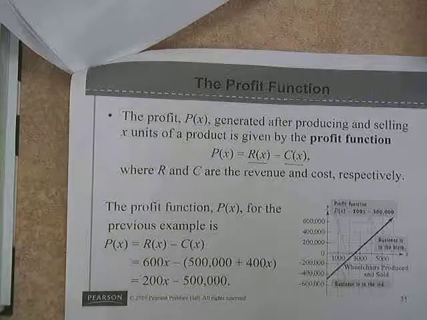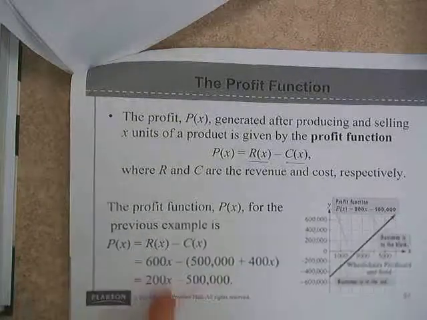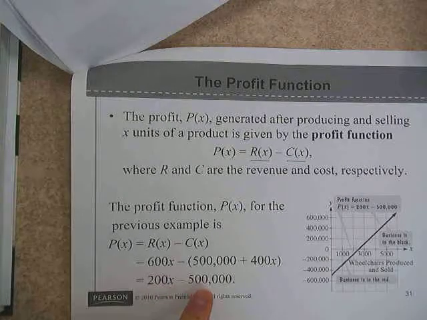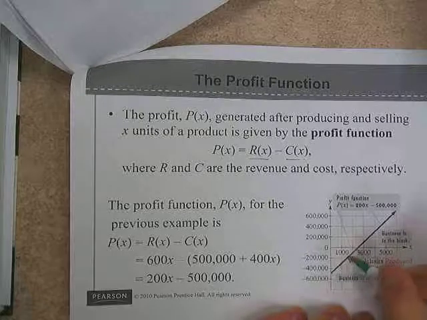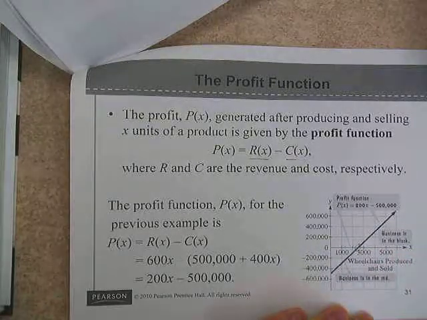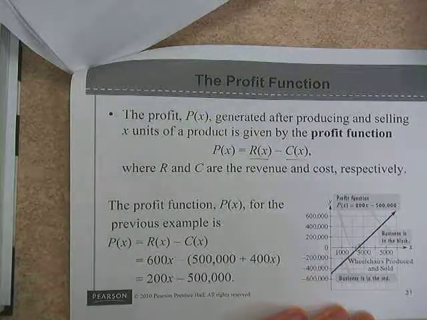All right, and finally, one other issue that we have here is what we call a profit function. And when we deal with profit in business, the profit is always the revenue minus the cost. So if we wanted to write a profit function for this particular situation, we would do the revenue function minus the cost function, and then of course we'd simplify that, and so our profit equation would be this.